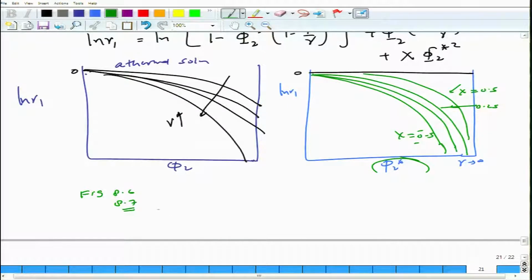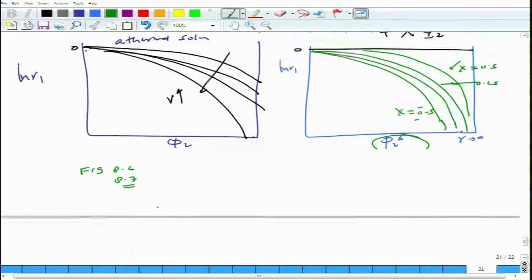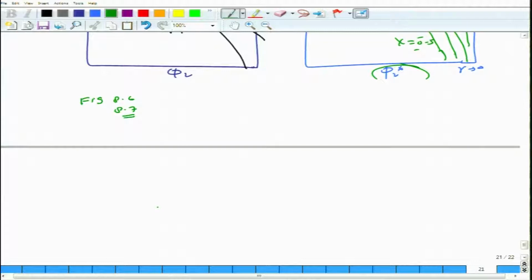Okay. Now, I will consider a specific case. Let us consider r infinity. In that case, the ln of gamma 1, the activity coefficient of this solvent, can be reduced.